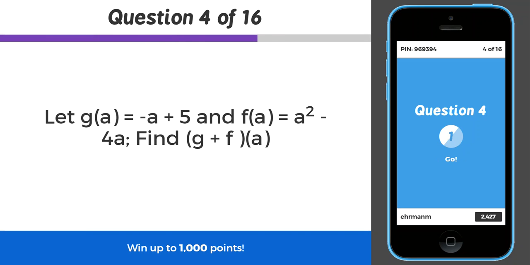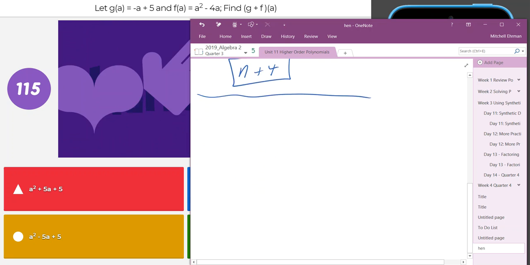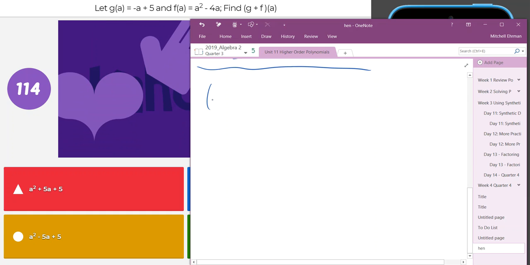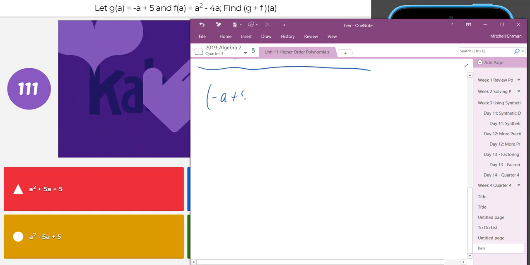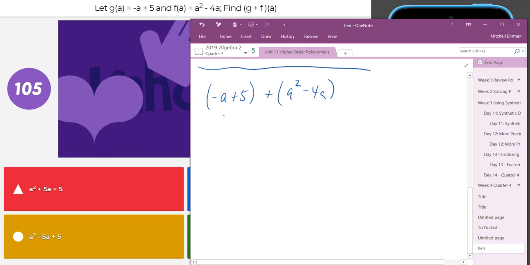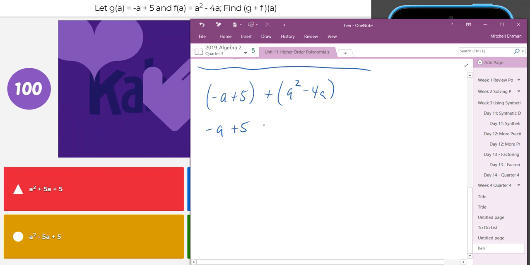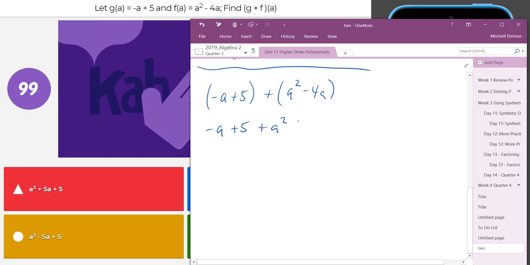We're going to add together two functions. Okay, we need to add g with f. So the function g is negative a plus 5. The f function is a squared minus 4a. So if we drop our parentheses, we see something like this, negative a plus 5 plus a squared minus 4a.